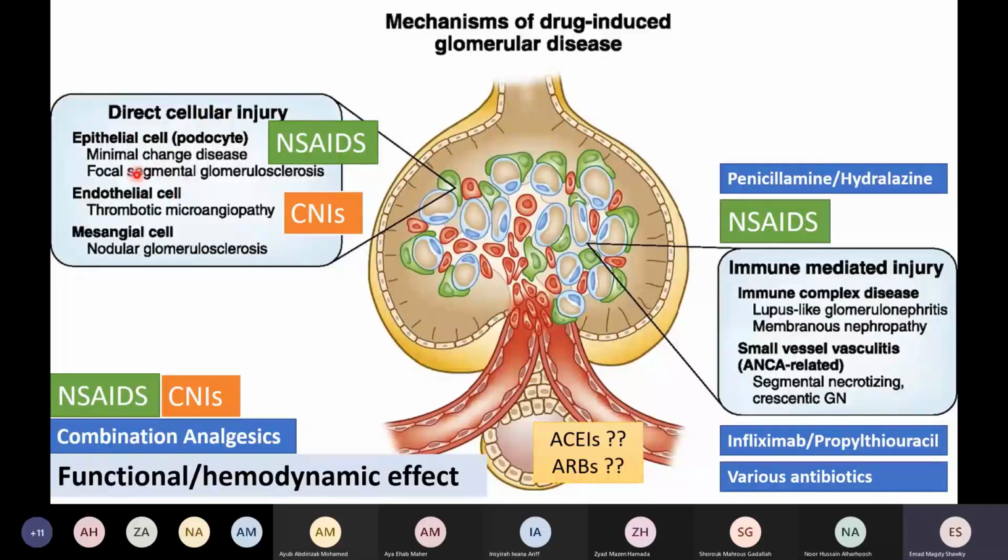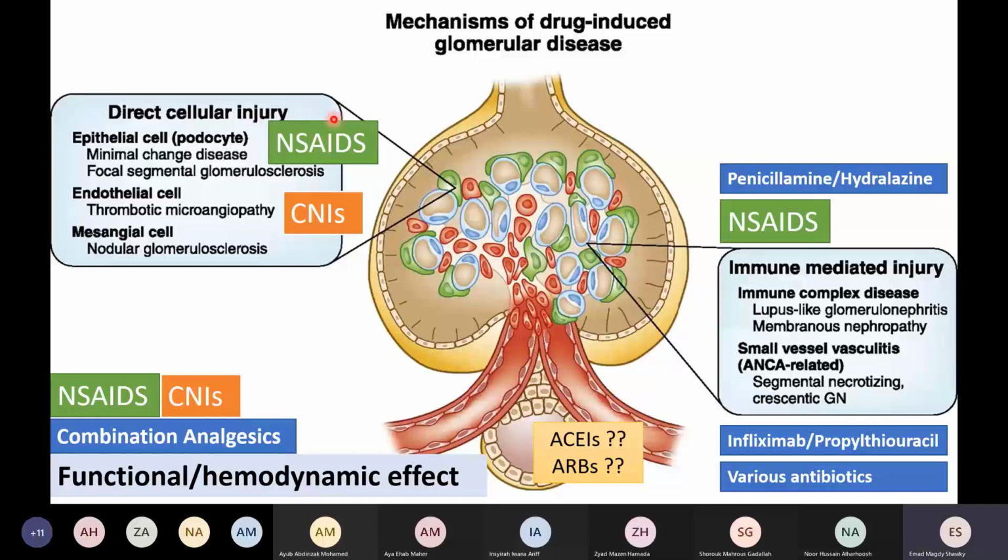The main problem in both is the podocyte damage. The resultant effect of damaging the podocyte will be proteinuria. This will be the main clinical presentation of the patient, and this effect can simply be induced by the non-steroidal anti-inflammatory drugs.